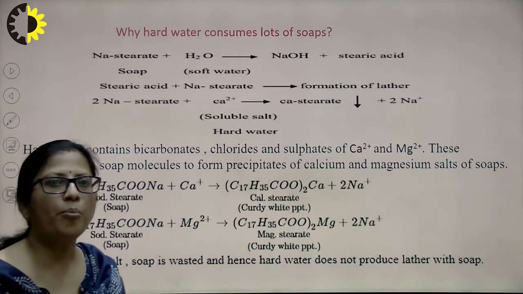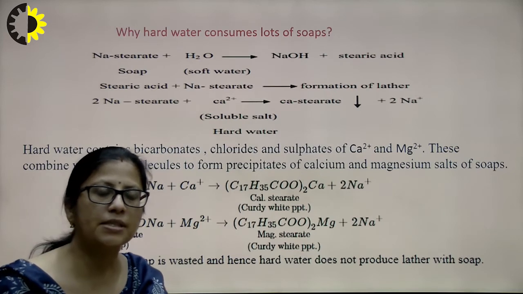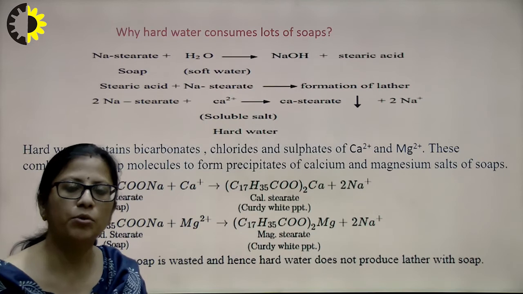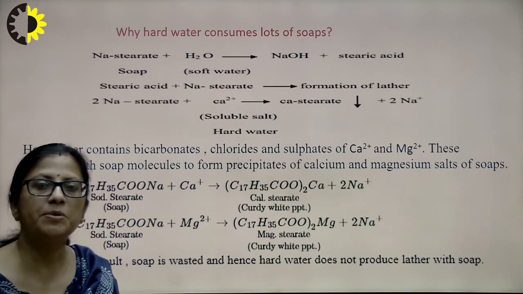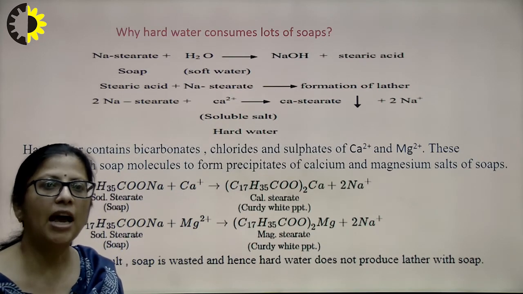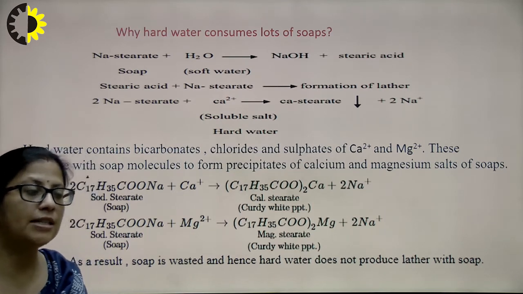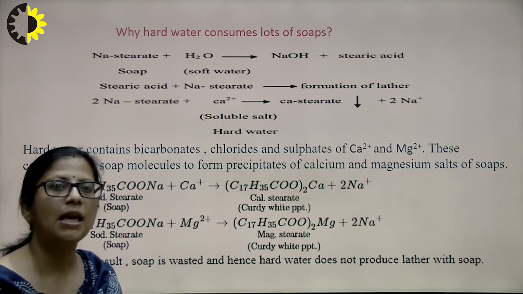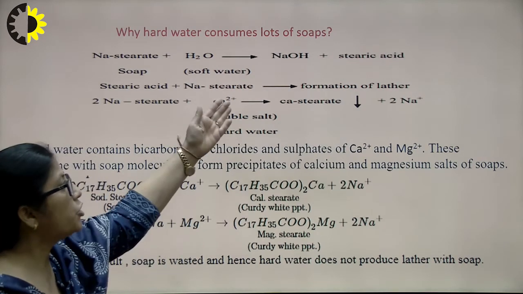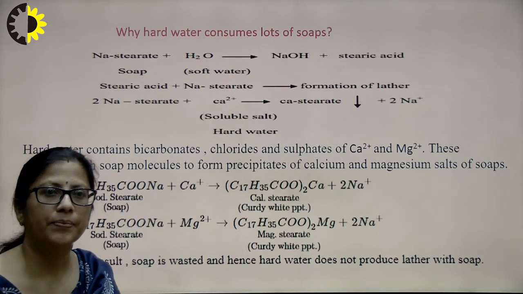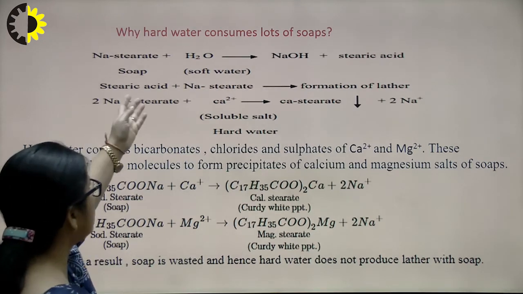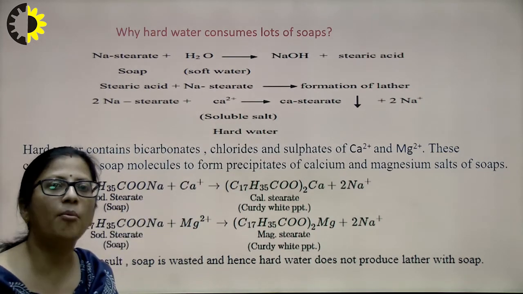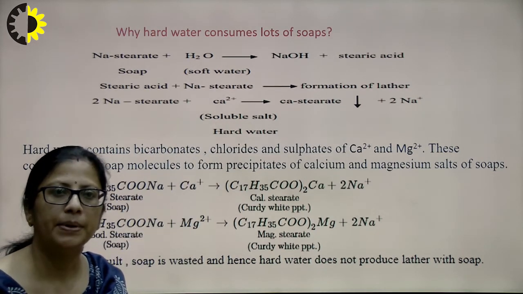And why does soap consume lots of water? For example, I have taken soap as sodium salts, sodium stearate, and if we add soft water which contains a very low concentration of calcium, magnesium and heavy metals, they form NaOH and stearic acid. This stearic acid reacts with sodium stearate, which results in the formation of lather.